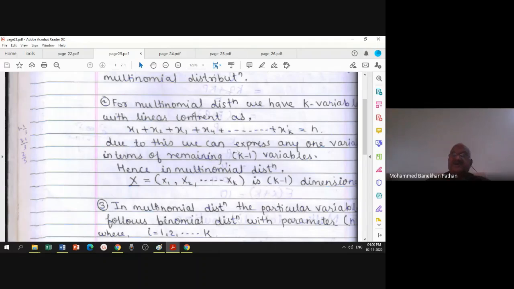For example, if I study three variables x1, x2, x3, and I put a condition x1 plus x2 plus x3 equal to 10, that means small n is 10.